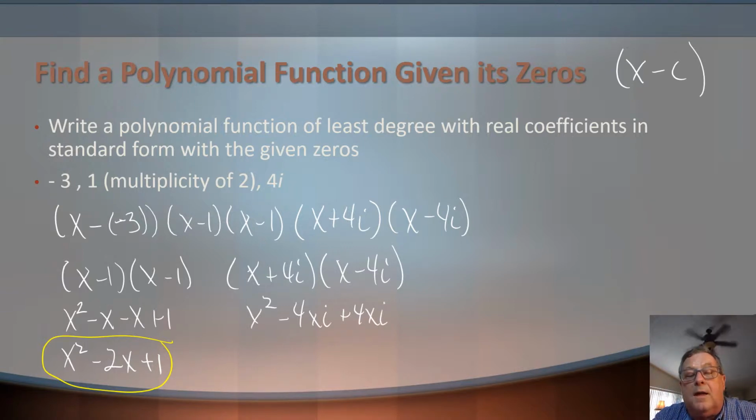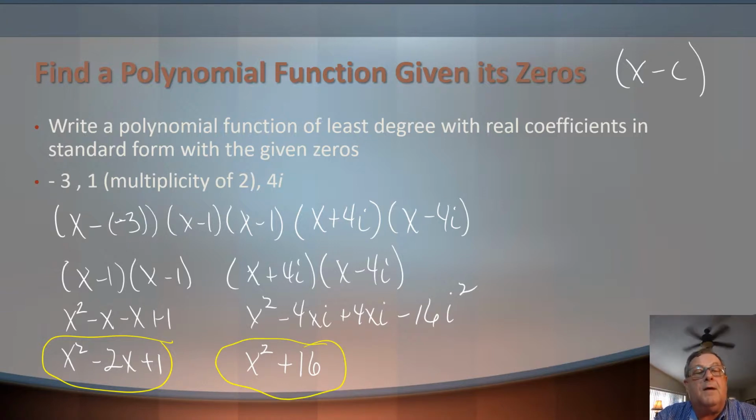And plus 4i times -4i is -16i squared. I'm going to ask you a question, if you can remember: what is i squared? i squared is -1. So when we combine like terms, this yields x squared plus 16. And again, why plus 16? Because i squared is -1, and -16 times -1 gives me a plus 16.